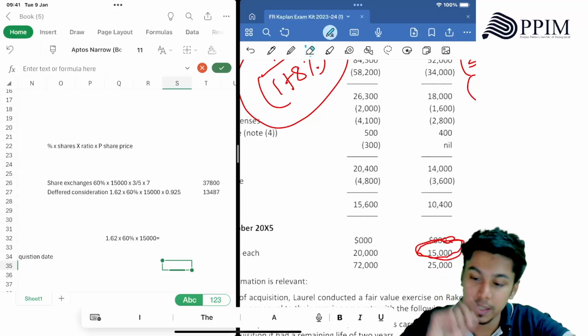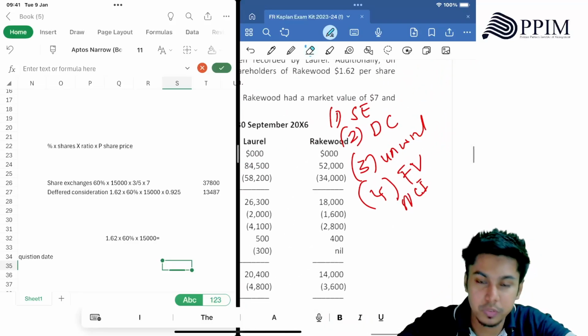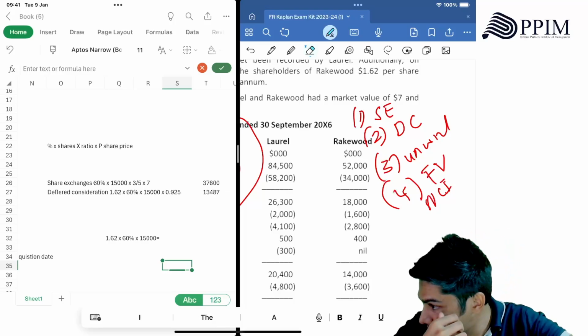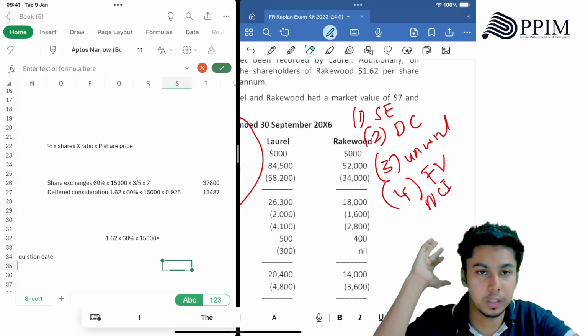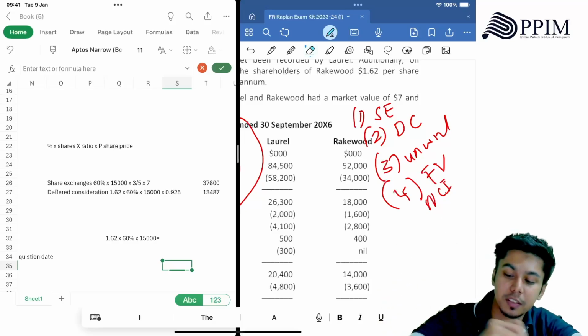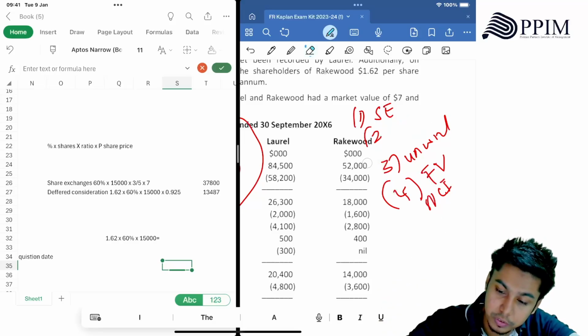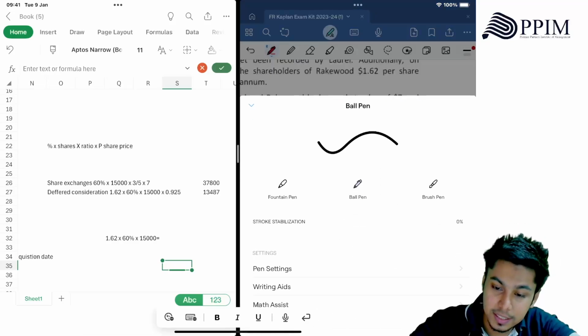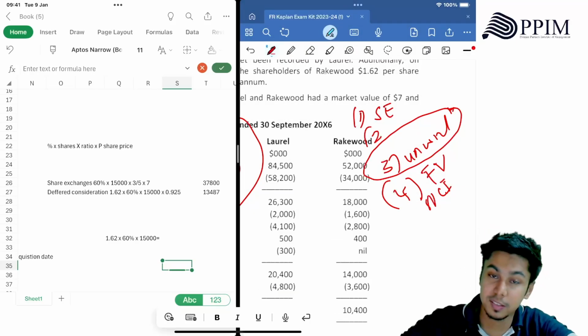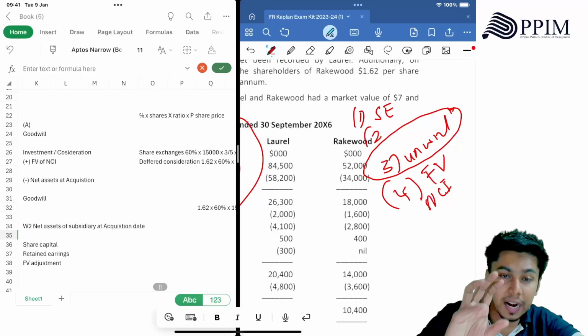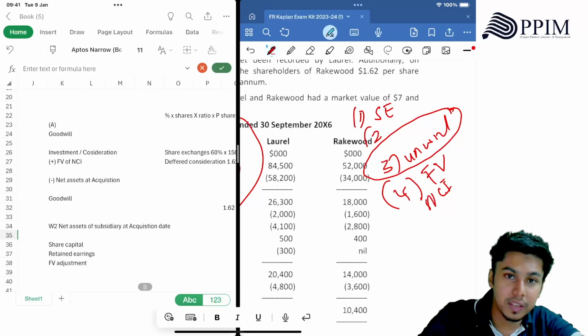Okay, guys, now you know how things work, no? Normally, once you get the deferred consideration, that's the future value. So first we have to take the present value. Now, after we take the present value, guys, always what we need to do is find the unwinding of discount. Right now, guys, can you all open a separate working? Because, guys, listen, the unwinding part will not affect goodwill.